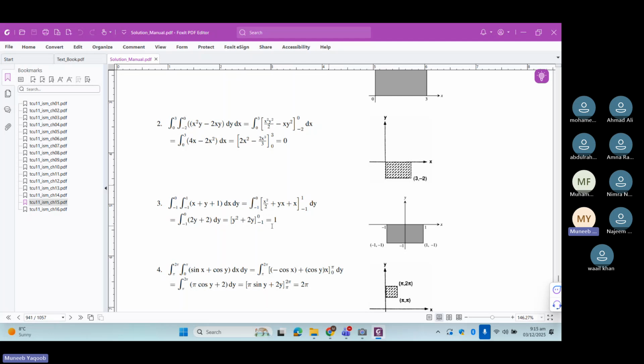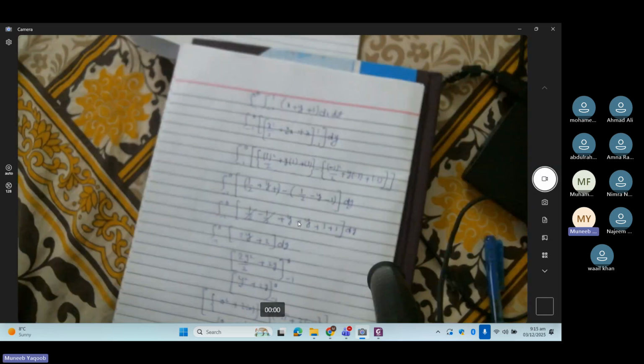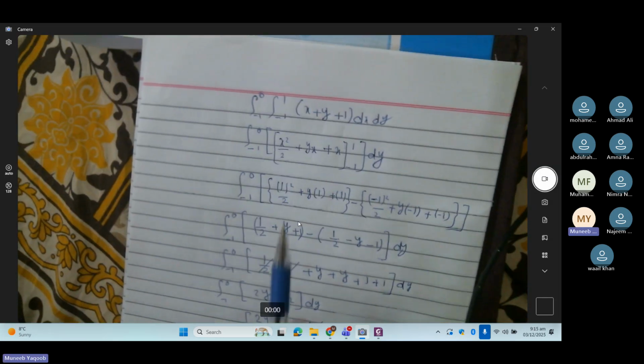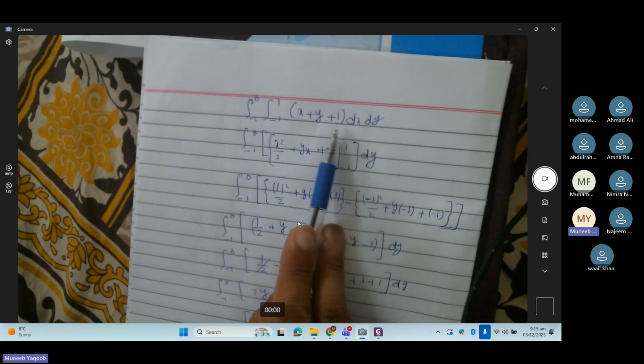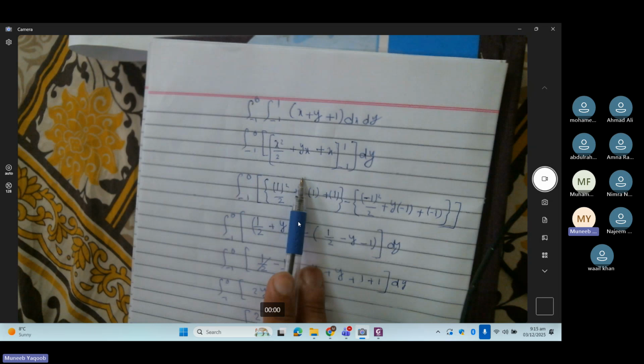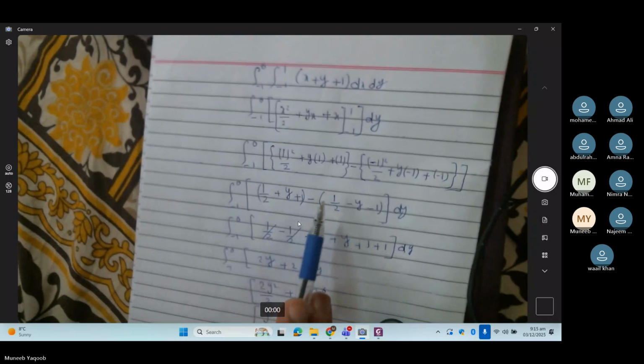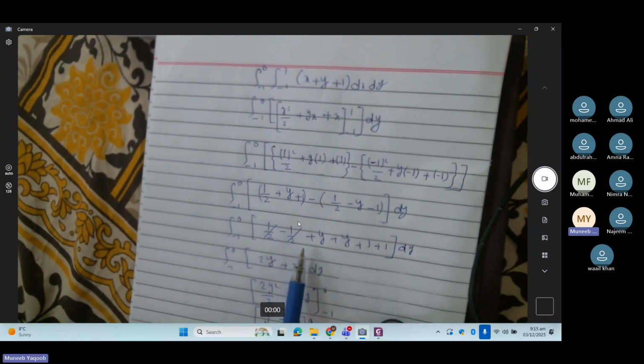You can see that I gave you the complete solution: how we perform the dx integration first, the x integration first, then we apply the limits of x, and then we simplify the limits.